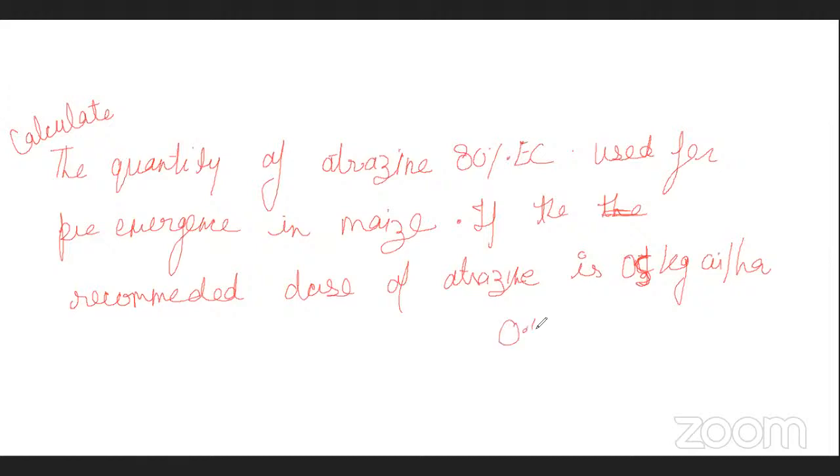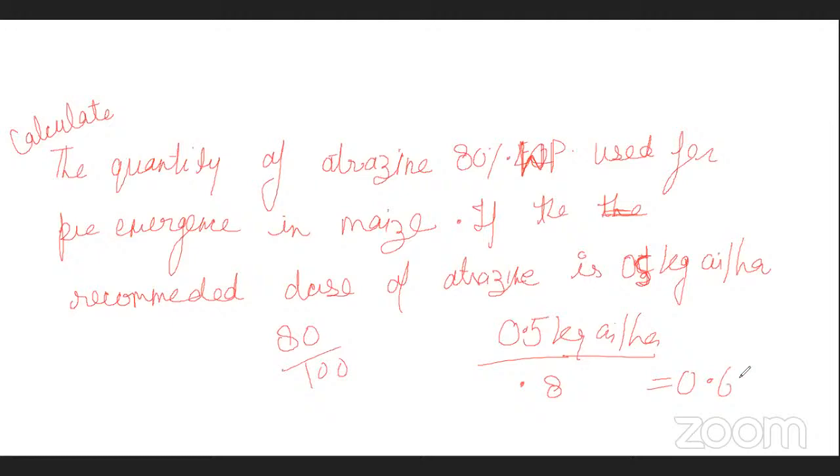Over here, we have to apply 0.5 kg AI per hectare. And this 80% over here, it should be wettable powder, not EC. 80% means we have to divide 80 by 100, then it will be in decimal, so it will be 0.8. And if we calculate this, then it will come 0.5 divided by 0.8, and the answer is 0.625 kg atrazine will be applied to the field.